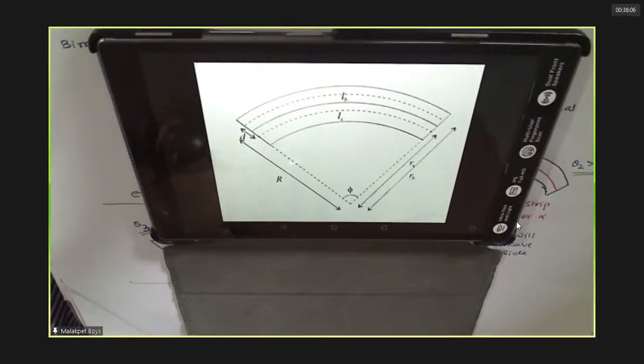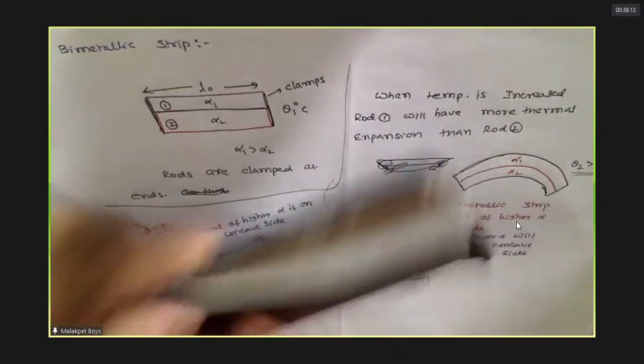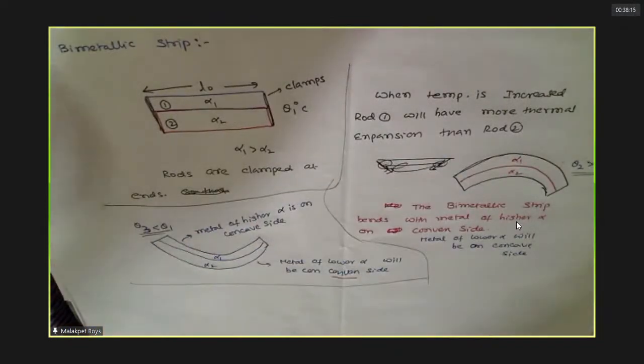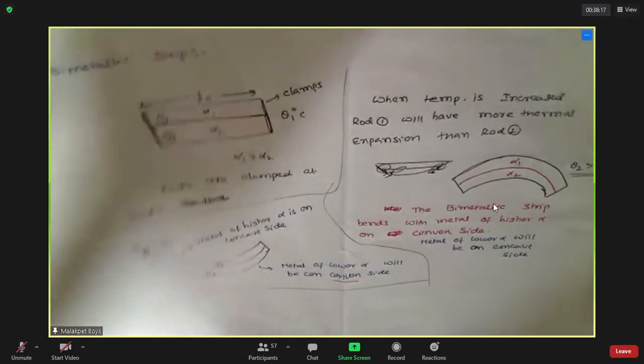Completed? Yes, sir. Now you have to find that mean radius only. That's what I'm saying. We need the radius of curvature of the bimetallic strip.